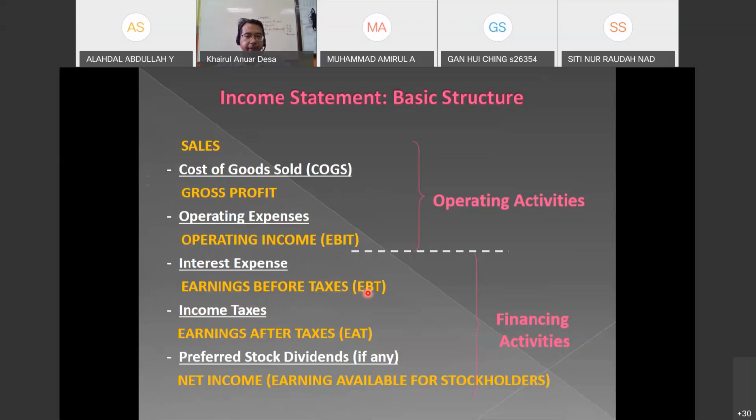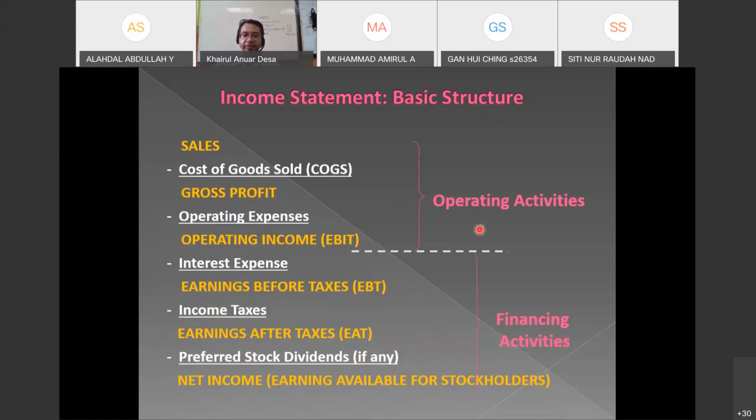You get the EBIT, okay, and then here EBT, earning before tax, and when you minus tax, earning after tax, and if you minus others such as the preferred stock dividend, you will see here the net income. Okay, the net income.